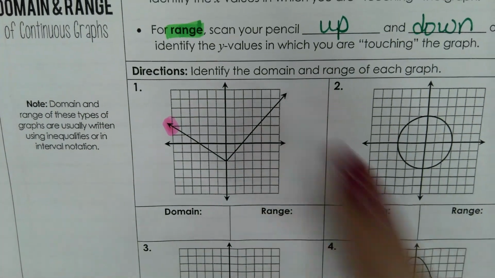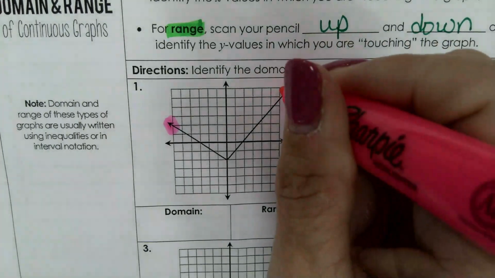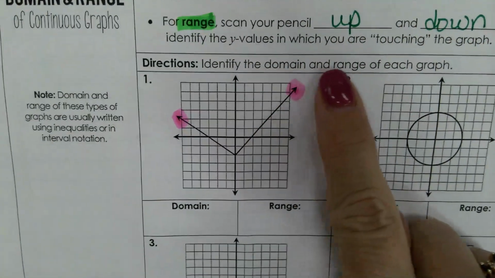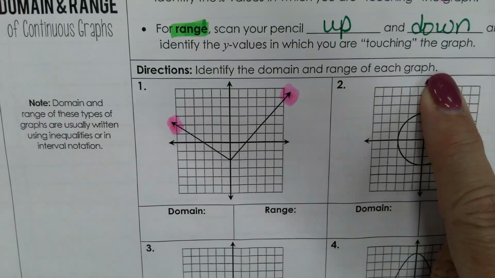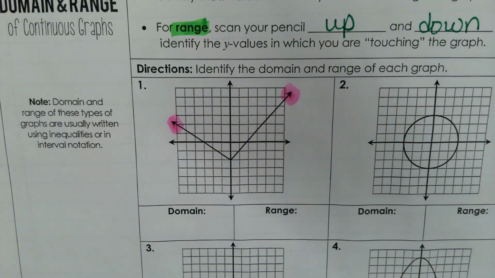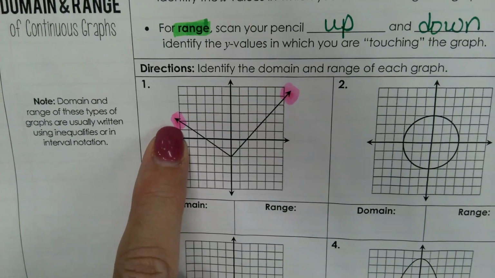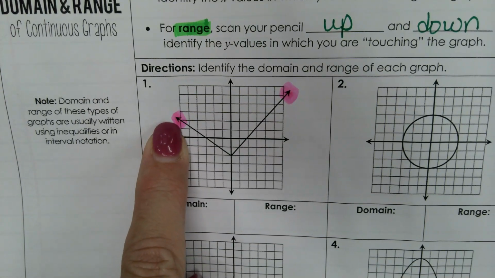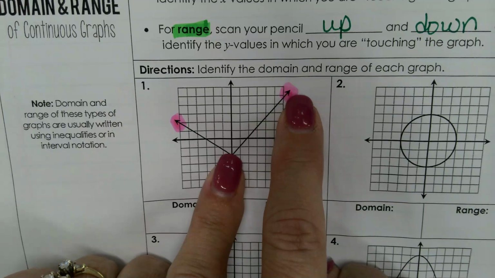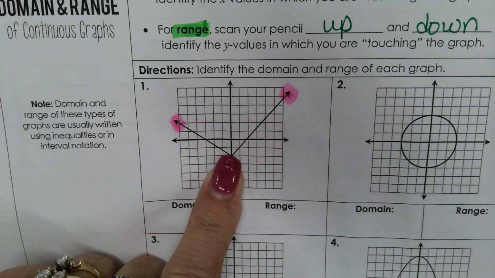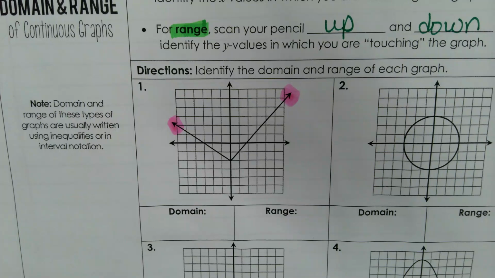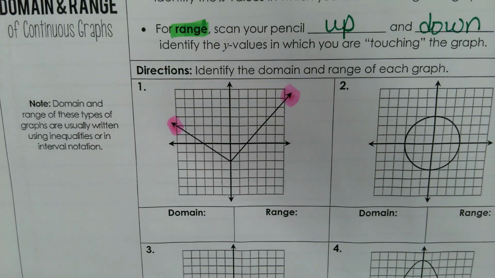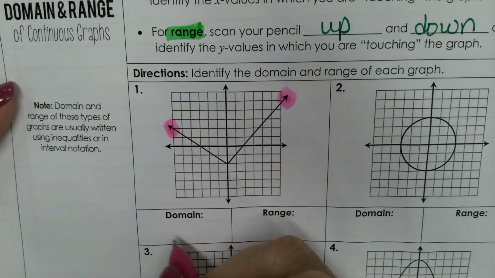And as I go to the right, it's getting wider and wider and wider to the right. So to the left, the graph is never going to stop, and I knew that because of this arrowhead. And to the right, this graph is never going to stop. It goes to negative infinity on the left, positive infinity on the right.